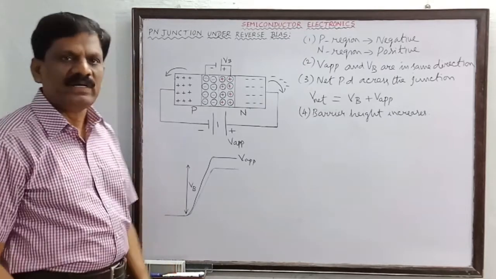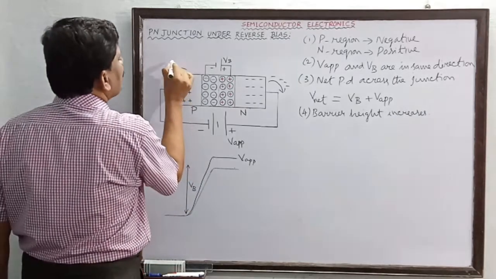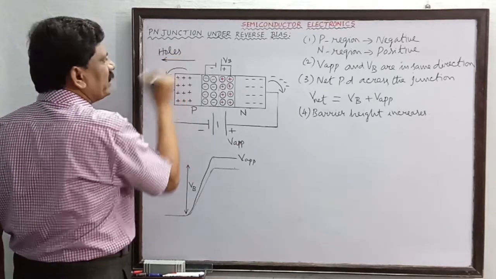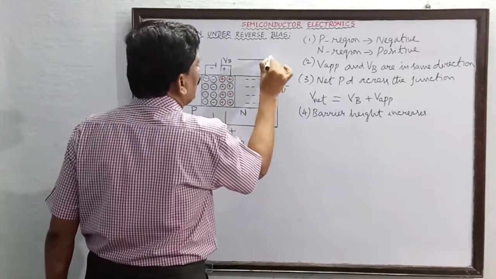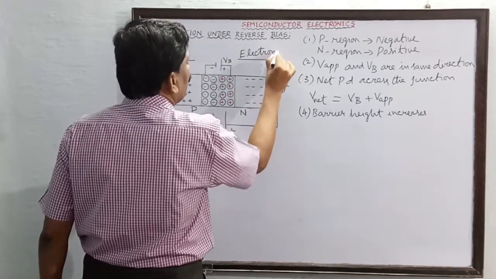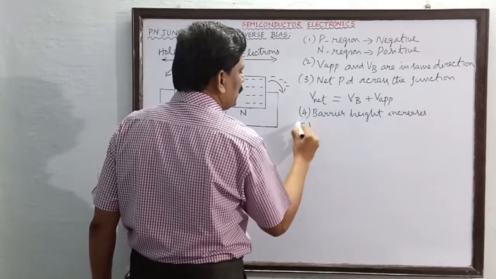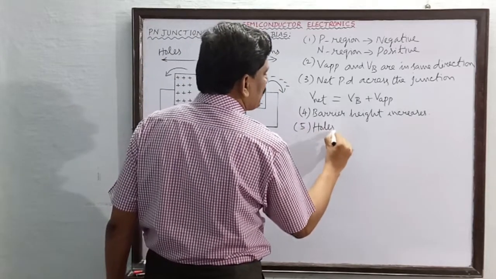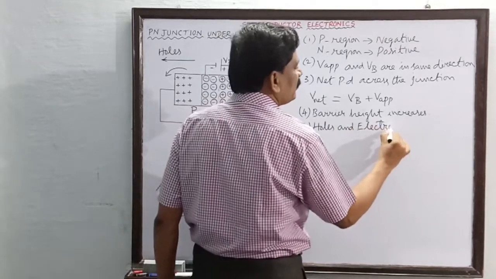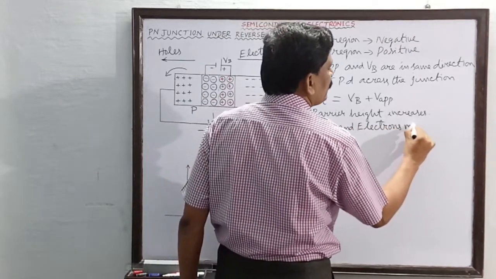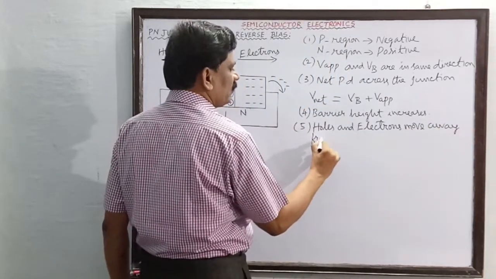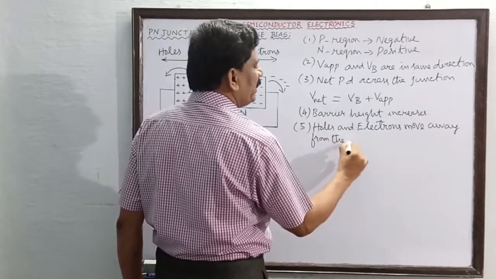Because of this, what is going to happen? This time the holes will move away from the junction, and the free electrons will also move away from the junction. This is a very important point. So the holes and the electrons move away from the junction, but in opposite directions.